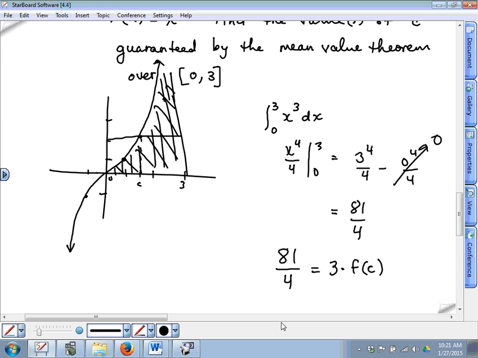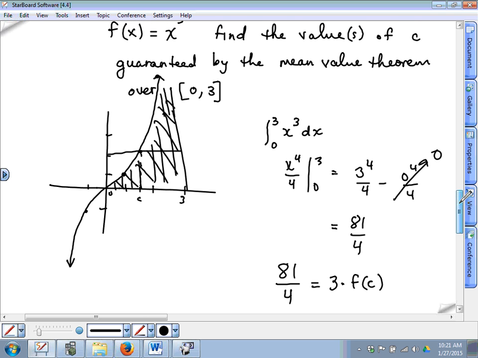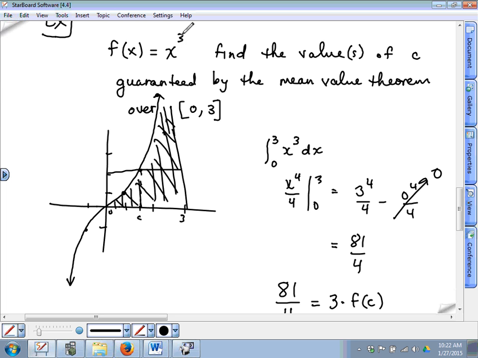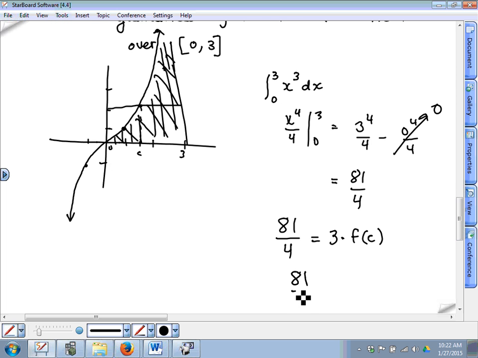Now what is f? F is x cubed. So what is f of c if f of x is x cubed? C cubed. So 81 fourths equals 3c cubed, and we can find the values of c.